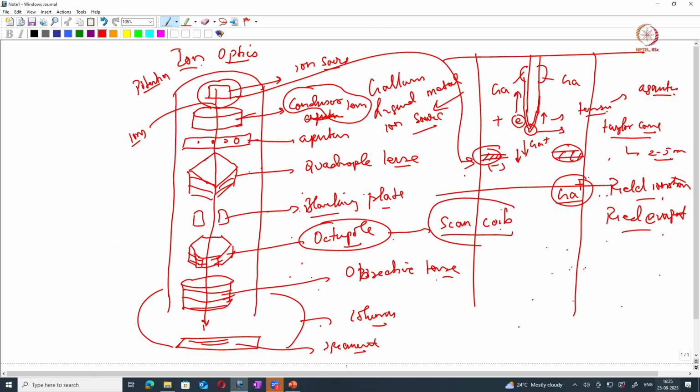By using these scan coils, the ion beam gets deflected and can be scanned on the sample surface. The function of the objective lens is to focus the ion beam on the sample.